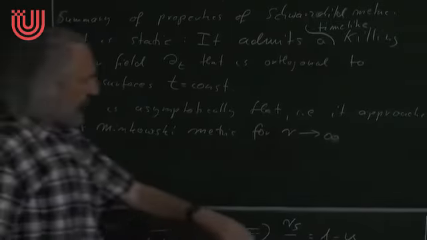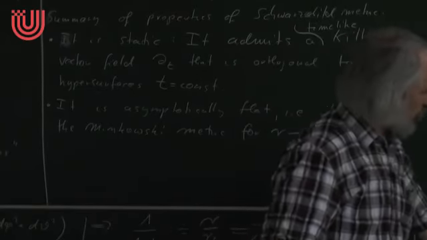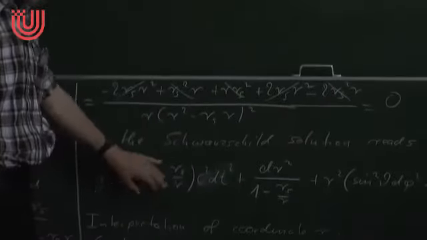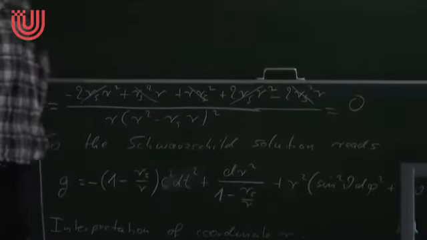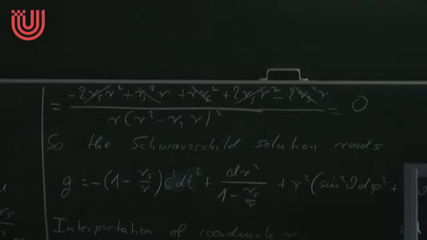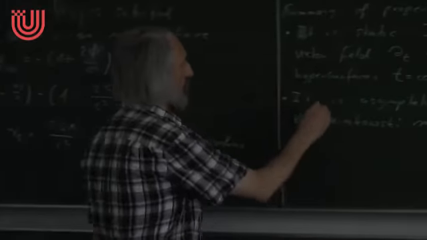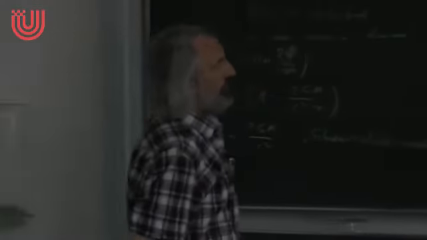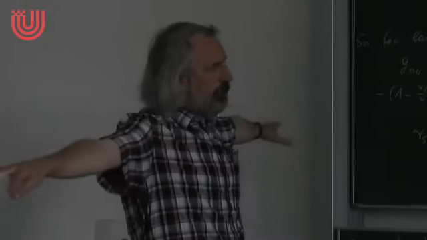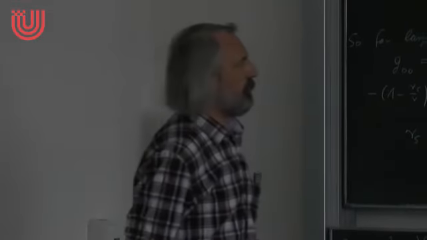If the coordinate r is big, then we can neglect these terms in comparison to the one, and then we have just the Minkowski metric. So far away from our central body, we have the same physics as in Minkowski space. We have flat space. The gravitational field vanishes asymptotically. That's what it says.